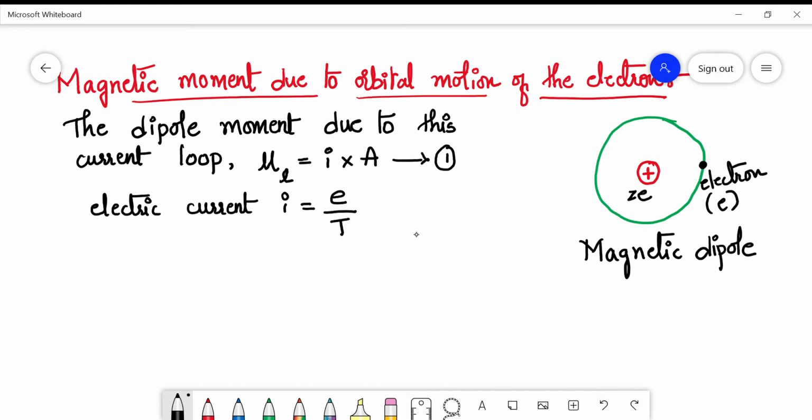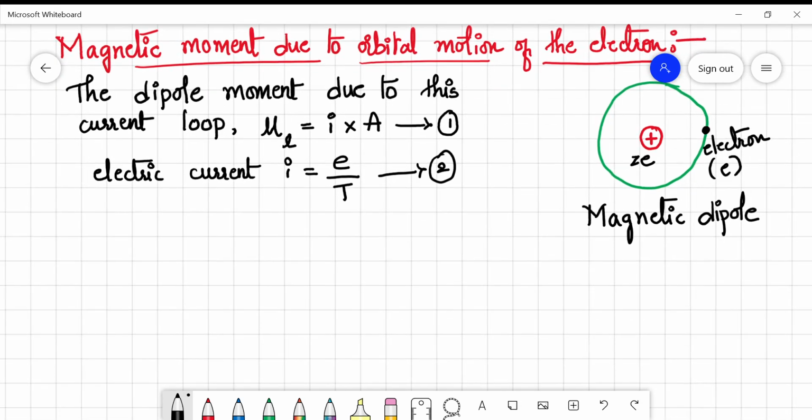So I is equal to e divided by T. T here is the time taken for the electron to complete one full circle, or one full revolution, that is, the time period of revolution of the electron. So this shall be equation number 2.